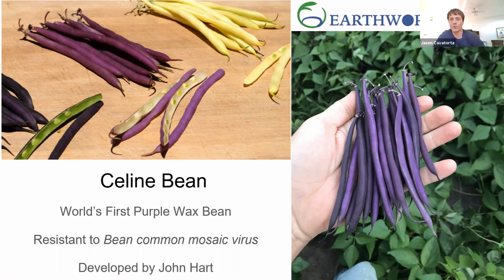And of course, there are wax beans, which are yellow on both the outside and the inside. Nobody had crossed the two together before and put that purple color on yellow. John Hart developed this variety, and he was the first person to do so. So it's a really cool project.